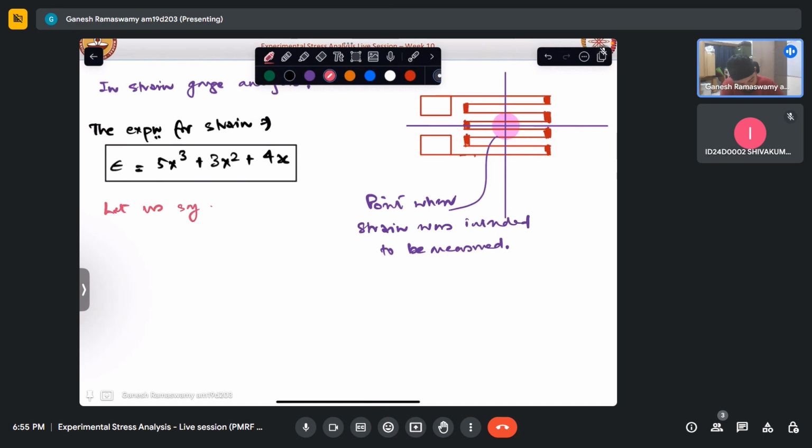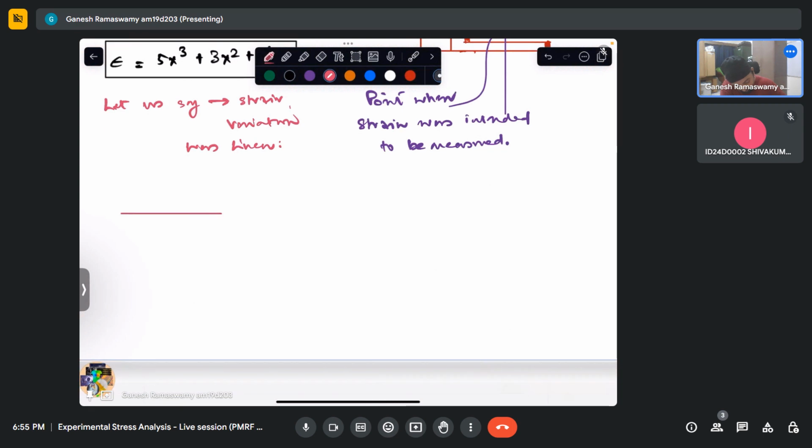Let us say that the strain variation was linear. In such a case, in between the two ends of the strain gauge, if this was linear, then our average strain at the center is not erroneous, because the average of these two happens to be the same.